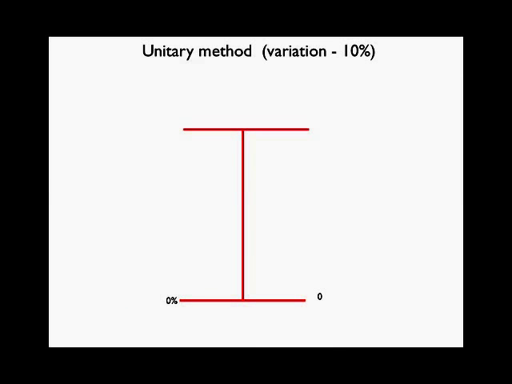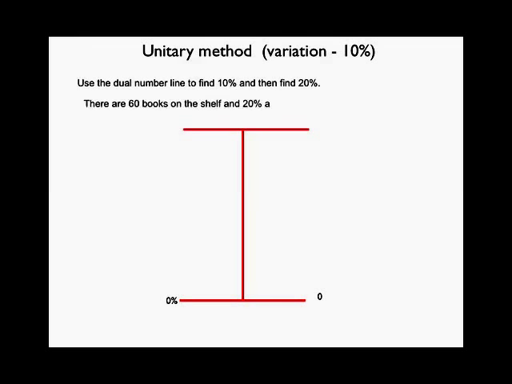Instead of 1%, let's look at another variation, say 10%. We'll use the dual number line to find 10% and then find 20%. Same problem. We set up our dual number line. We work out approximately where 10% would be.